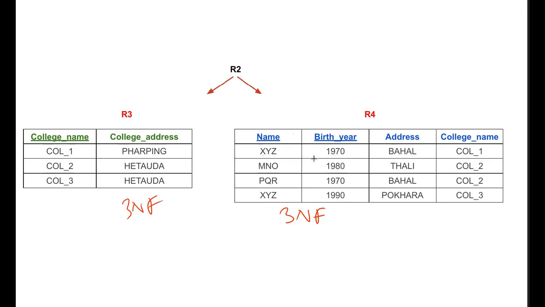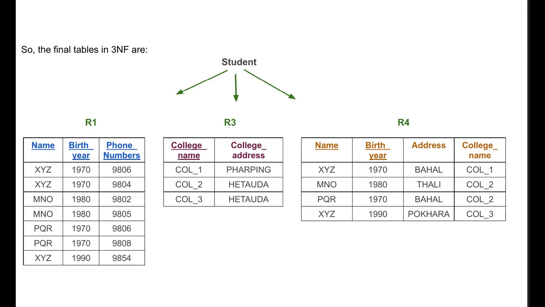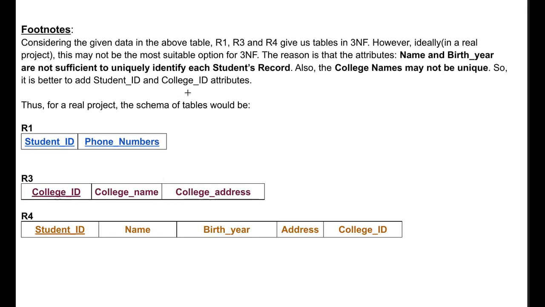So ideally, this much is fine, but if you want to write better answers, if you want to gain extra marks, then it is better to write this down also. In an ideal scenario, we would add student ID and college ID attributes.